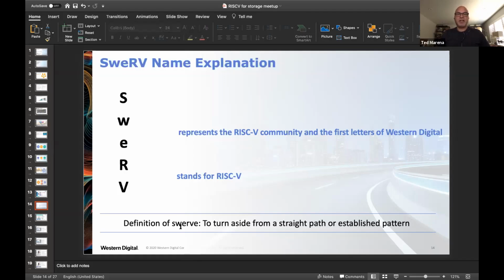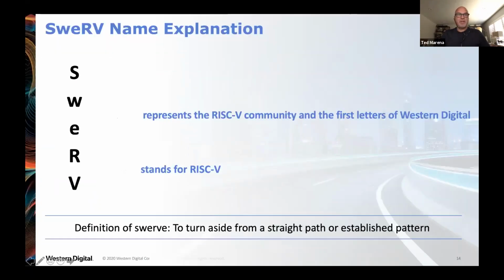The WE represents Western, the first two letters of Western Digital, and the RV obviously stands for RISC-V. So this is the first slide where animation helped me.